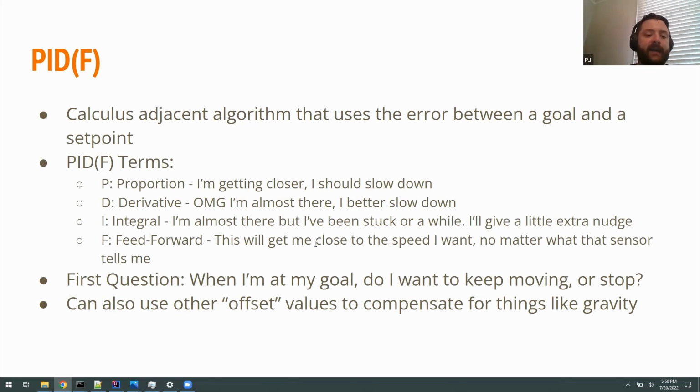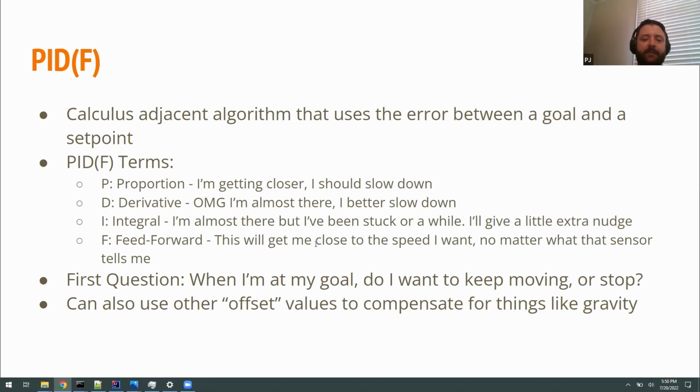So the way that we do that is we add this F term in. All these other 3 terms are looking at our error, right? We're reading an encoder or gyroscope or whatever sensor it is and trying to drive our error down to 0. For a velocity one, since we want to keep going, we say, I bet there's some value that I can multiply by my RPM that gets me in the ballpark.